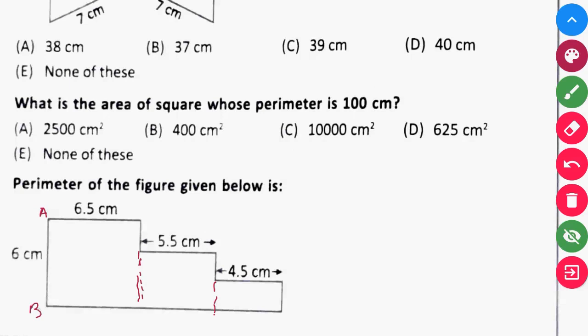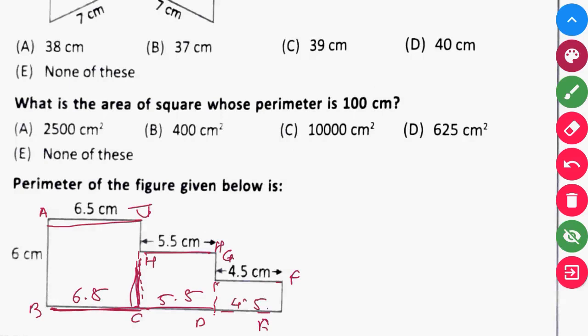Give the points A, B, C, D, E, F, G, H, I, J. Now, this length is equal to this length. So, this is 6.5. This length is equal to this length. So, this is 5.5. And this length is equal to this length. So, this is 4.5. And what is the length of this portion?